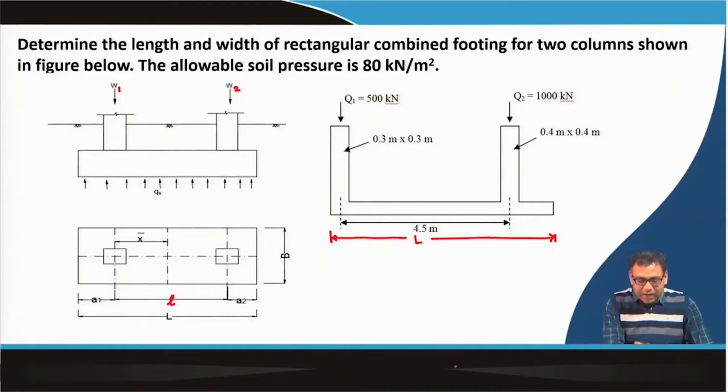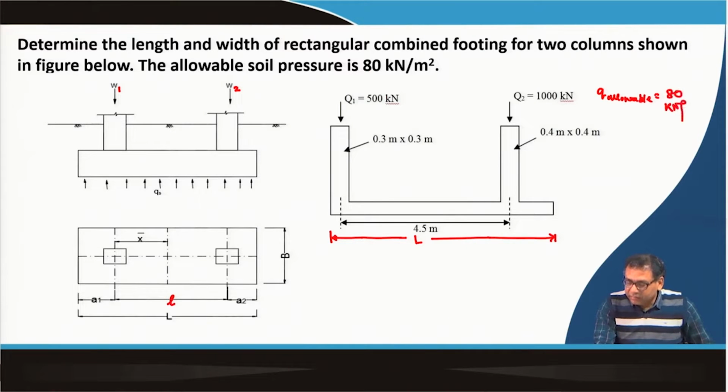Here the allowable soil pressure or bearing pressure is given, which is 80 kilonewton per meter square, and I have already discussed in my previous class how we can determine the allowable bearing pressure. So, here that allowable bearing pressure, Q allowable, is given as 80 kilonewton per meter square.